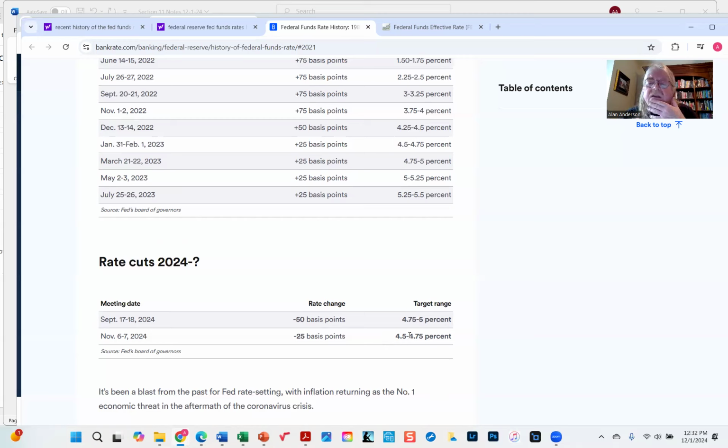So this is the range within which they're willing to accept. Anything outside that range, they'll take steps to push it back into that range. So they've got a target and they can nudge it in different directions, but they don't actually set the rate. That comes from supply and demand in the banking system.